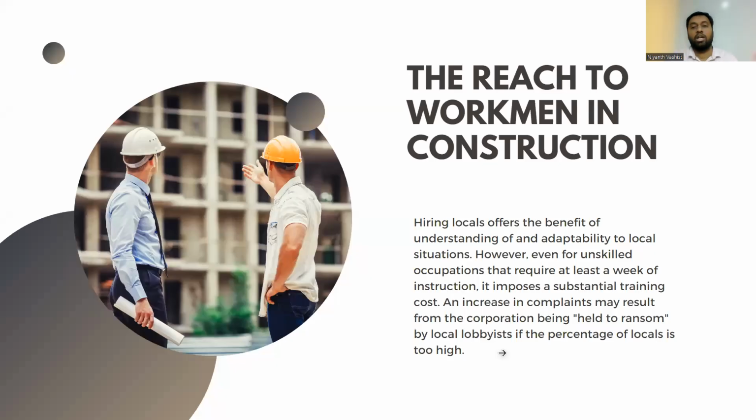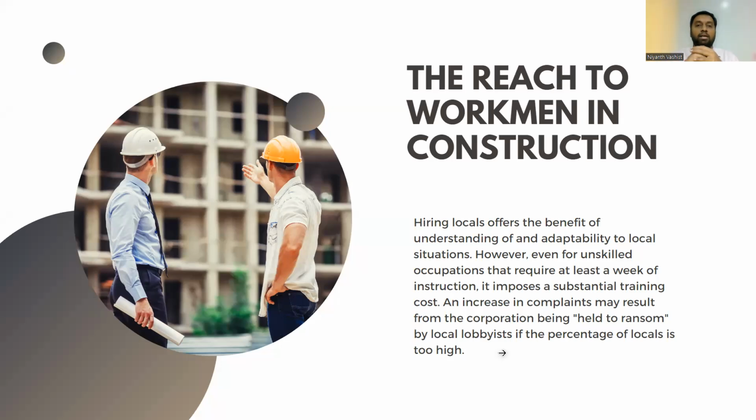Now, the reach to workmen in construction is very important. So we need to make sure we promote the locals as well. The reason being the locals understand the challenges in the city or in that place. So hiring locals offers the benefit of understanding of the site and adaptability to situations as well.